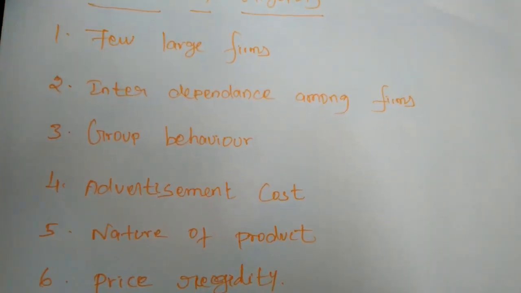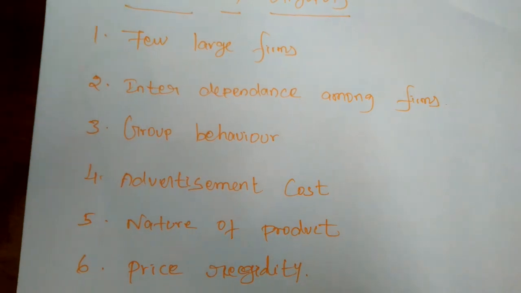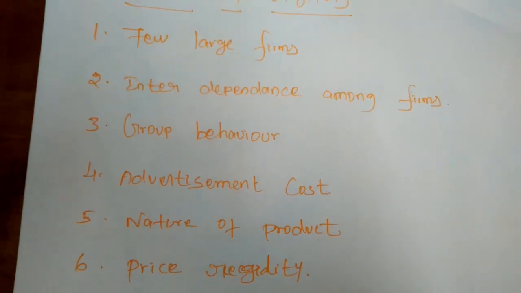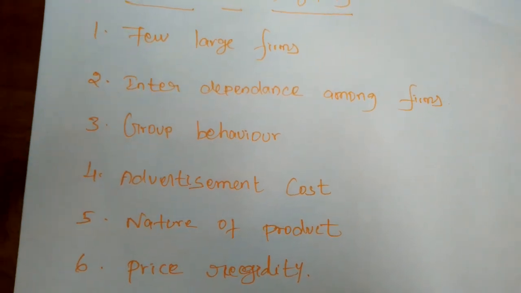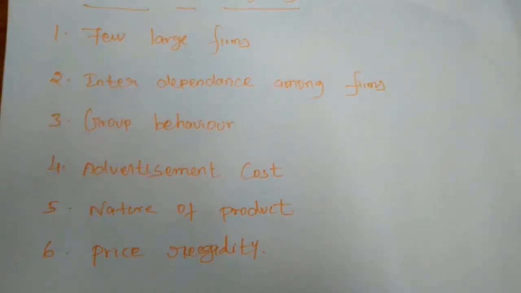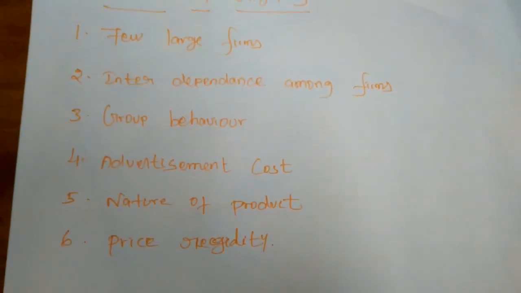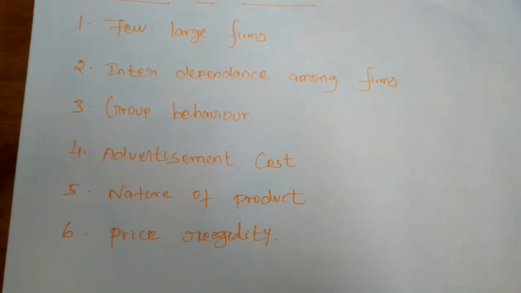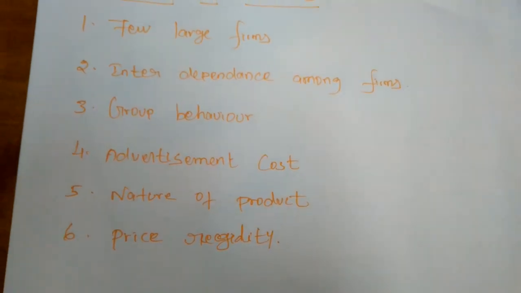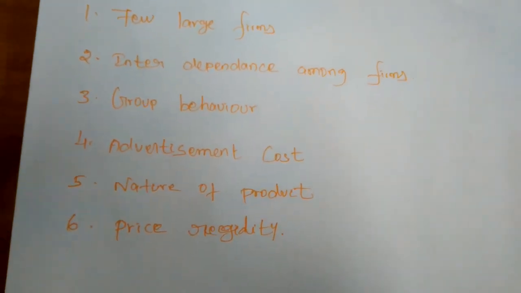Next, interdependence among firms. The price and quality decisions of a particular firm depend on the price and quality decisions of the rival firms. Suppose Tata brings a new type of car with new quality, color, shape and style, so most consumers want to purchase that car.